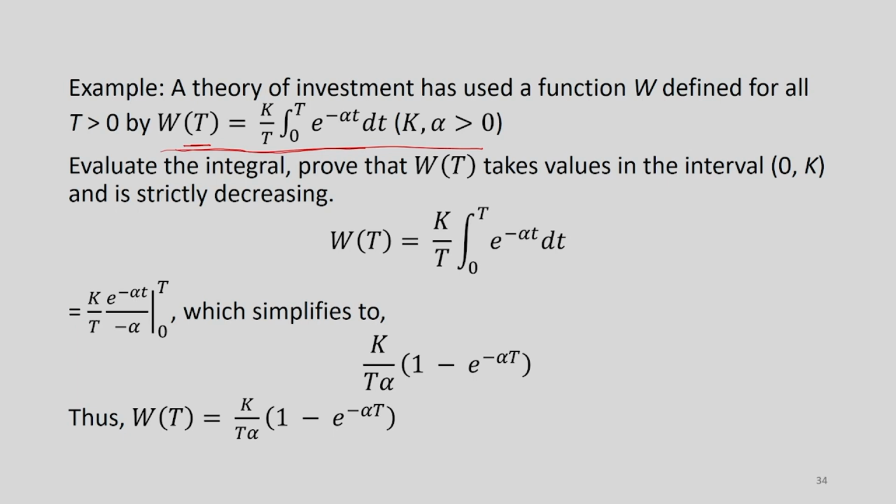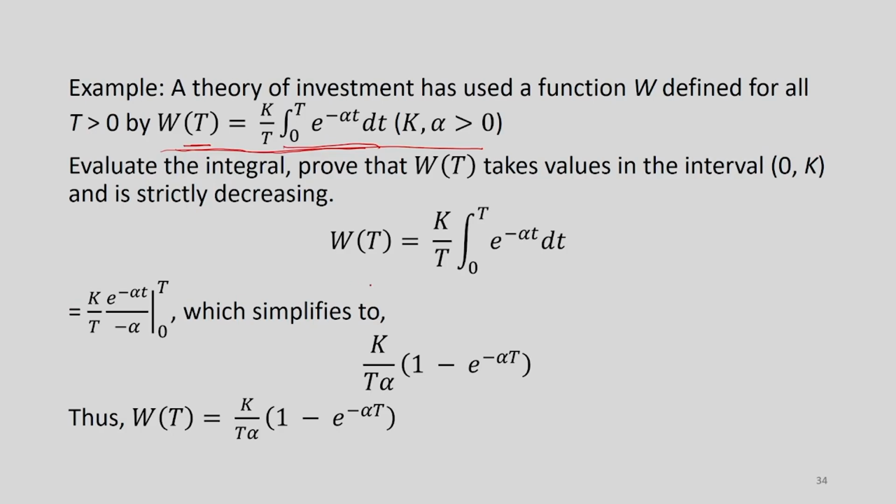That is the interpretation of capital T. So W(T) is a function of capital T, but there are some complications here. There is a definite integral here, and you have e to the power minus alpha t, which has to be integrated over the interval 0 to capital T. We shall later on see that the integration of e to the power minus alpha t has an interpretation of present discounted value, but that will come later on.